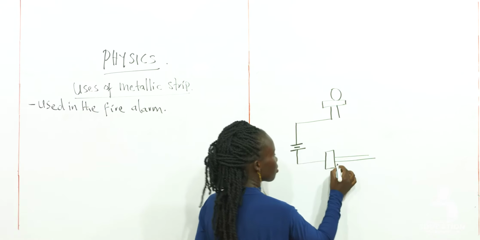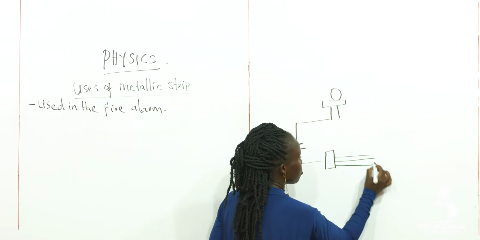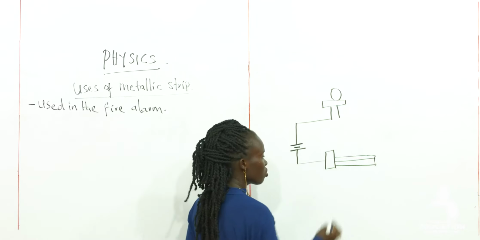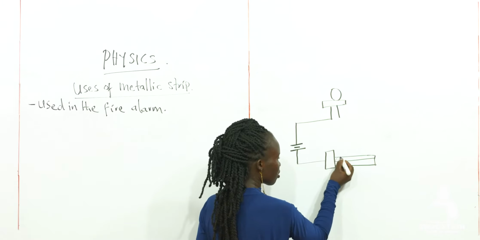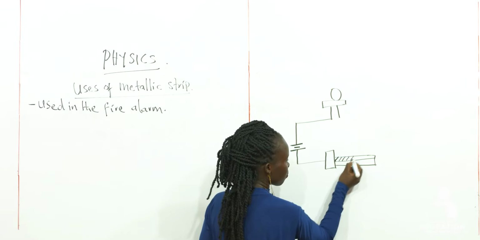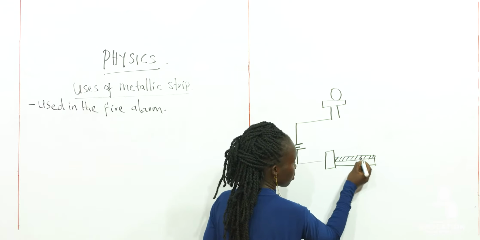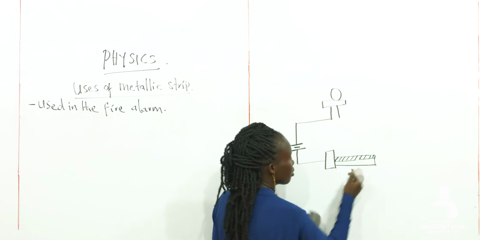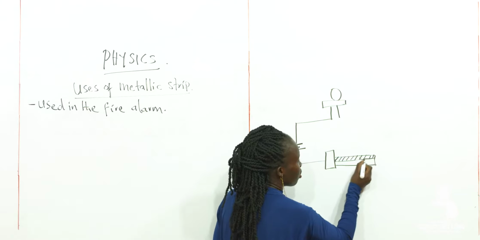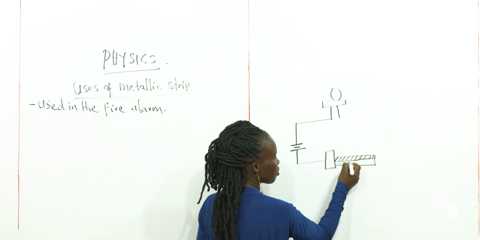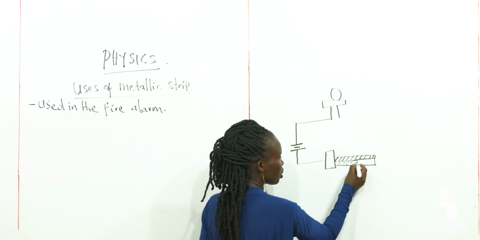So this strip is containing two different metals. Let us have a difference in the two. Maybe one like this, then we have the lower one. Let's have just something like that to differentiate, that there are two different materials.